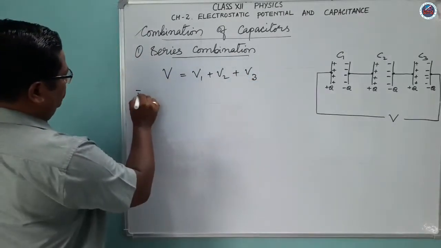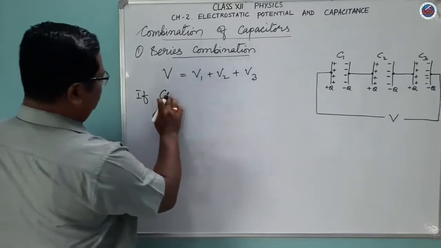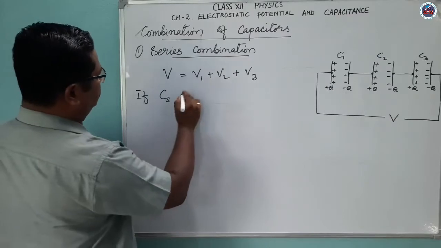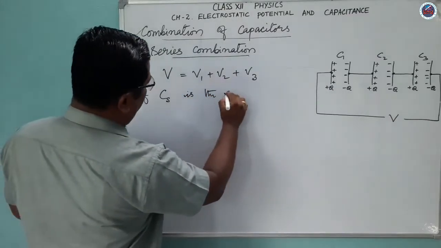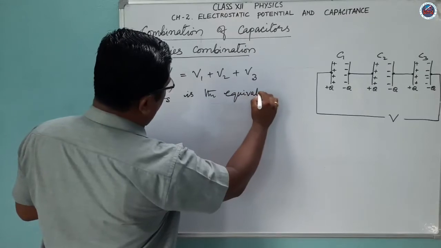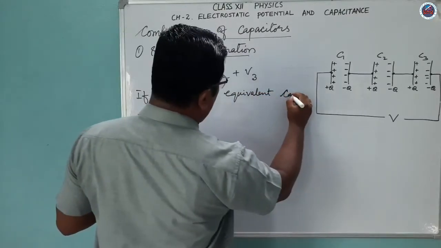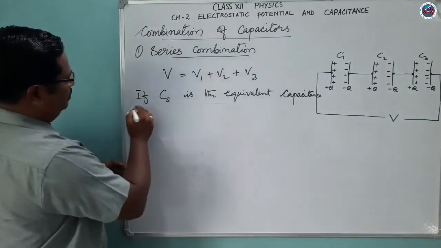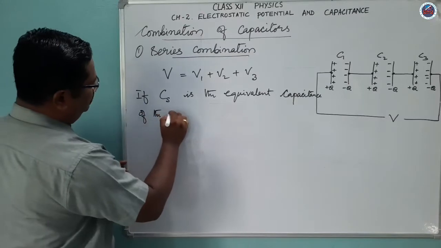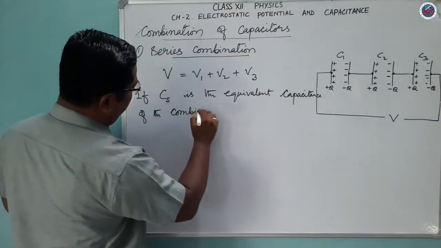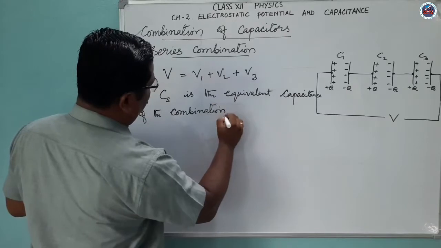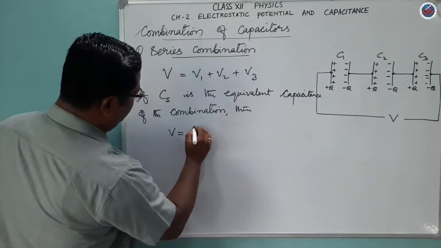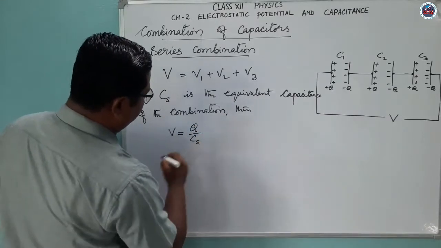Now if the capacitance of the combined capacitor, the equivalent capacitance of the combination, is written as Cs, then V is equal to Q divided by Cs.